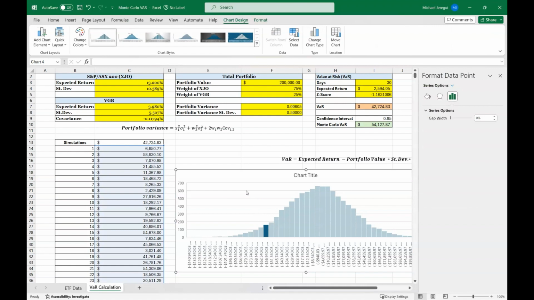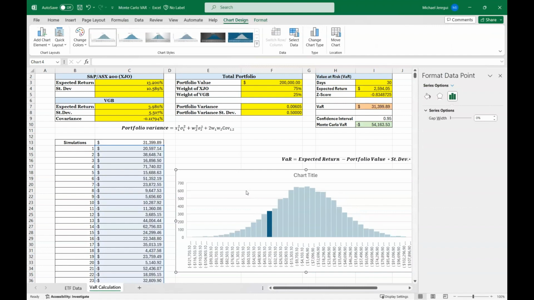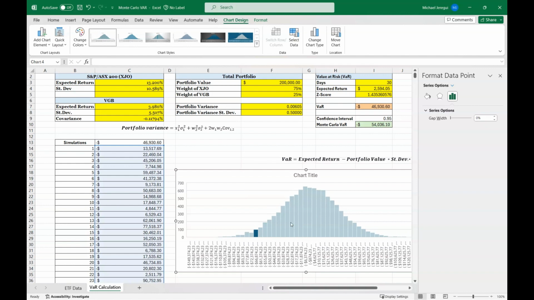This is where our 95% confidence interval bar is in a 30-day period. But if we change this, it will constantly keep moving up and down as we run the simulations. Therefore, it can be seen that the value at risk for this using a Monte Carlo simulation is about $53,000 to $54,000.